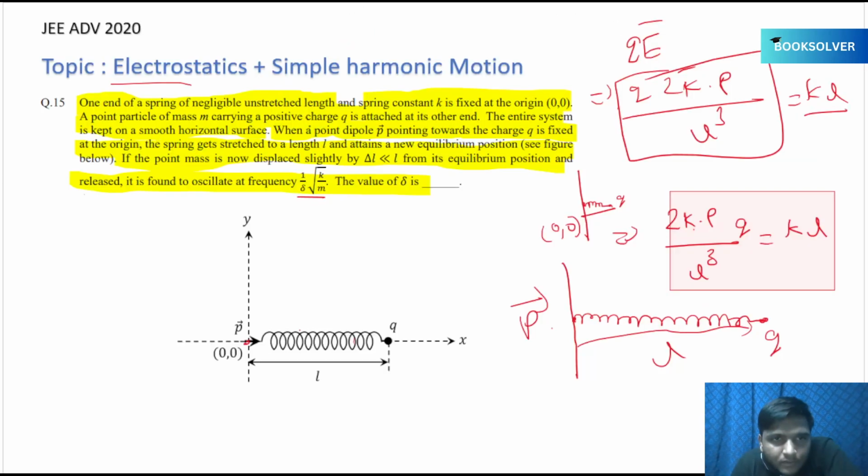Now moving on to another slide, suppose it is displaced by some delta L. Let me draw this. Suppose this is the spring, and its equilibrium position is like this. Now it gets a displacement of delta L from here. What will be the net force acting on it?